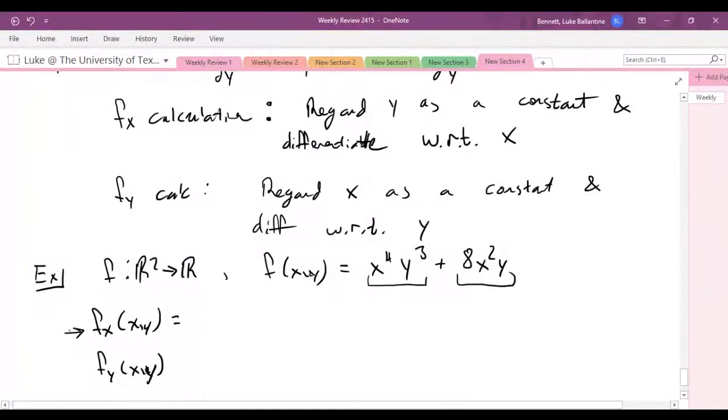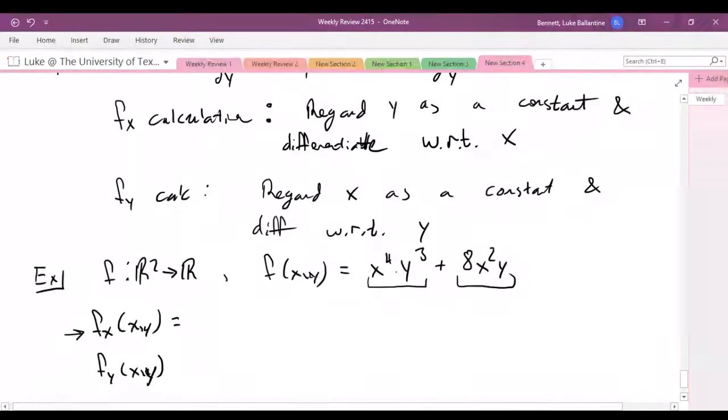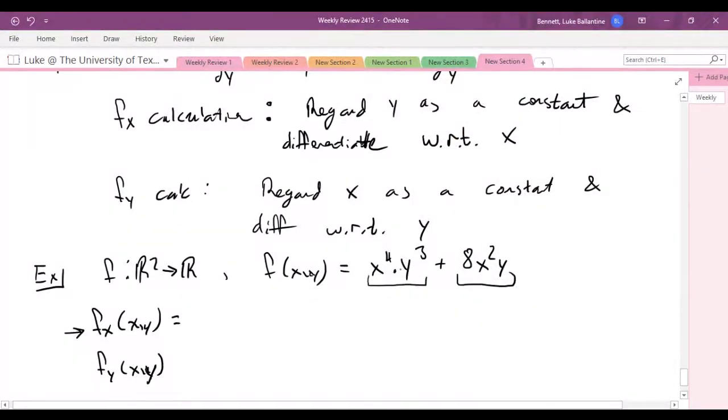The partial derivative of f with respect to x is, I treat y as a constant. If y is a constant and it's being multiplied by x, it's like saying the derivative of 2 times x to the fourth. So y will just tag along. And I just differentiate x to the fourth. What is the derivative of x to the fourth?